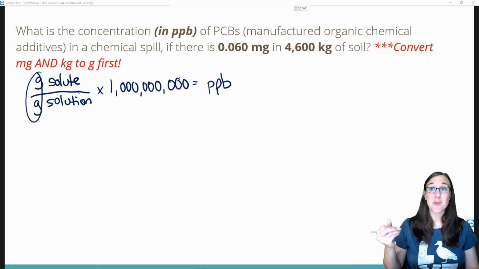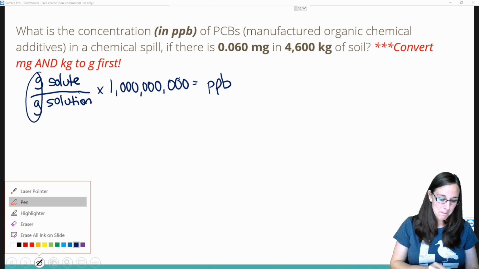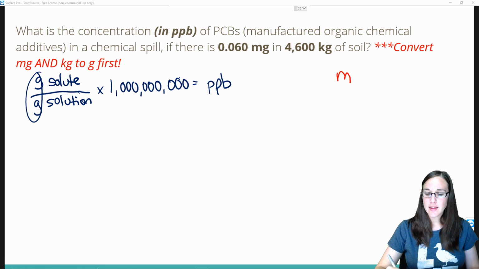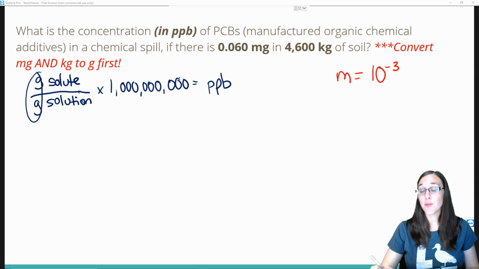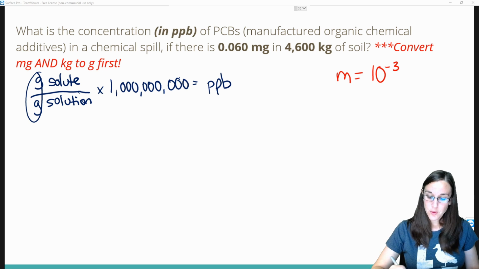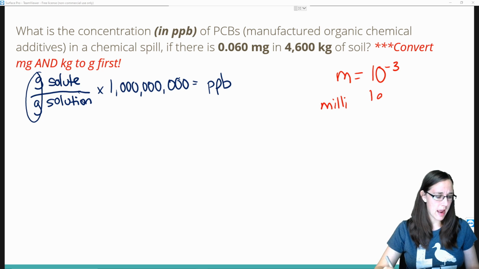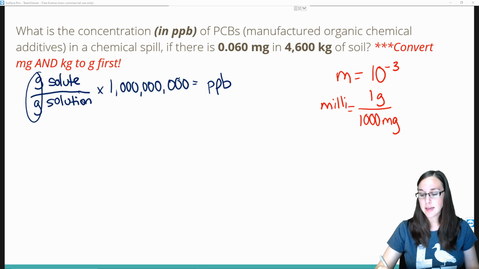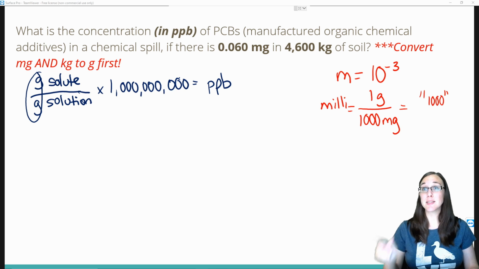So the first thing we're going to do is just briefly review what milli and kilo actually mean. First and foremost, the unit milli is represented by m, and that is 10 to the negative 3. Or in other words, you've probably seen milli represented as 1 gram in 1,000 milligrams. So you've seen milli as a unit of 1,000, but small scale.